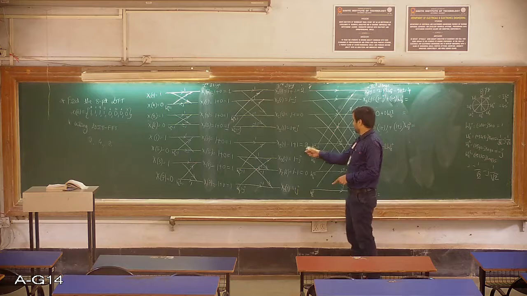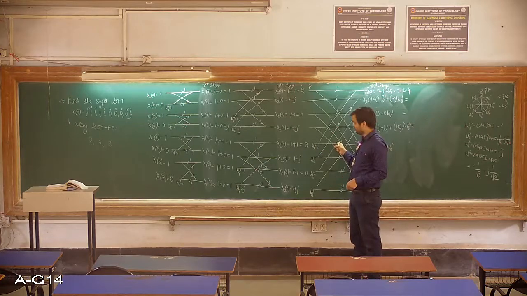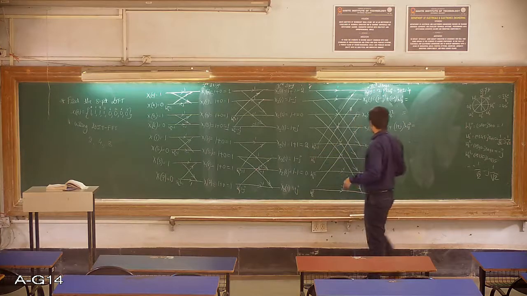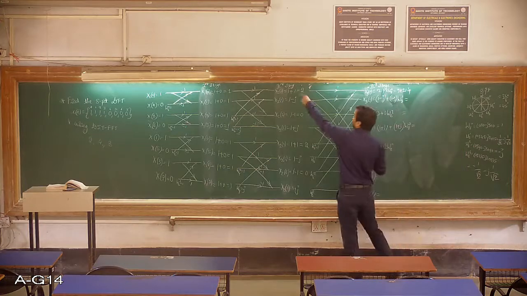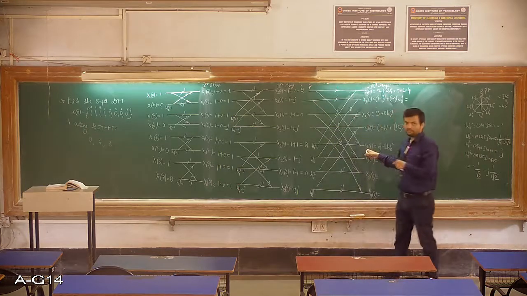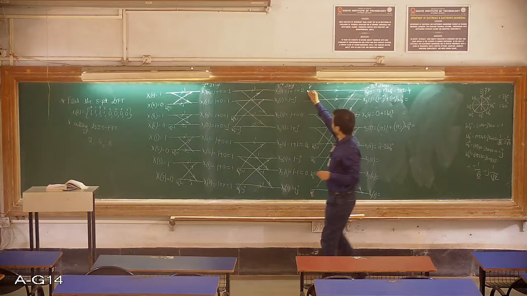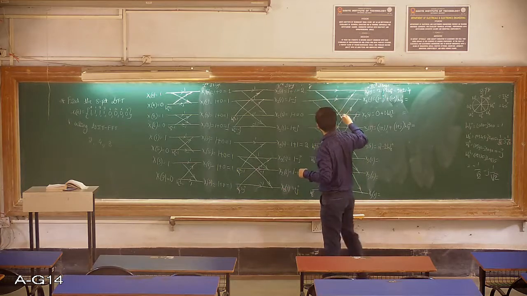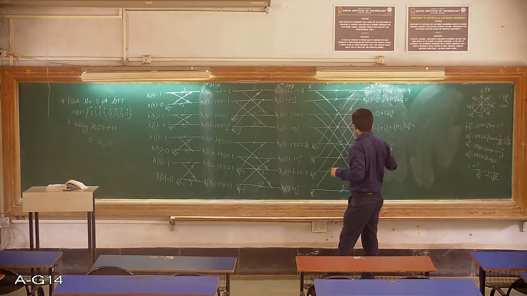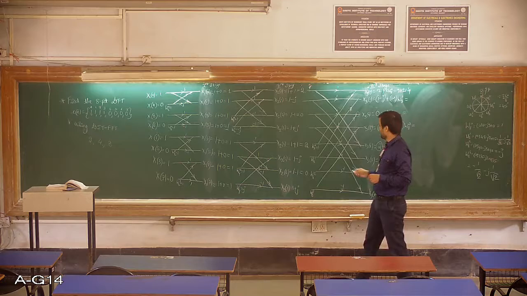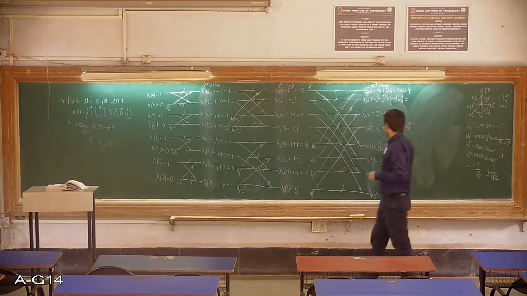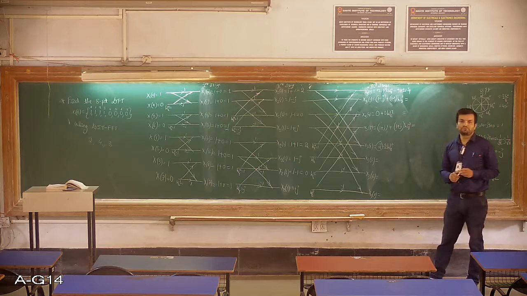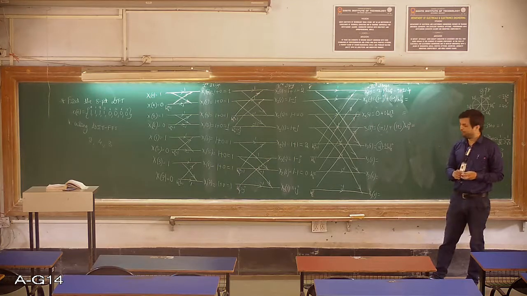See here, 2 into minus 1 is minus 2, minus 2 into W8 of 0. Clear? See here once again, this value 2 we have taken, that is nothing but this one. And the next value, 2 into minus 1, minus 2 into this value. So we'll get minus 2 W8 of 0.